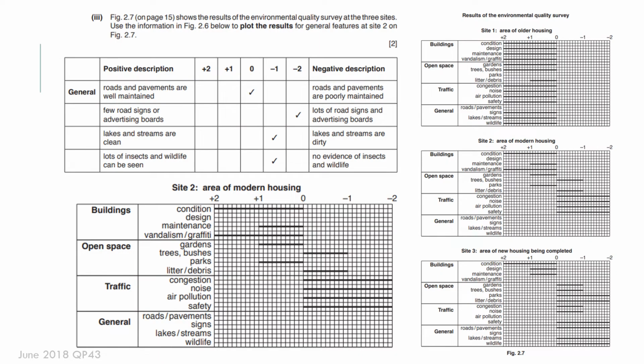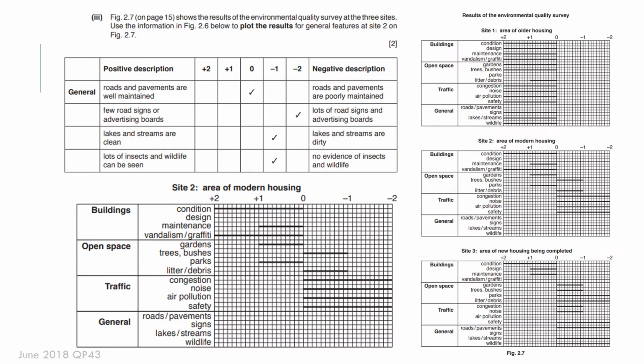So this is an example of a type of question that involves you doing some data presentation. Here on the right hand side, you've got figure 2.7, which shows the results of the environmental quality survey at the 3 sites. Using the information in figure 2.6 below, plot the results for general features at site 2 on figure 2.7. So I need to plot those ticks onto the graph. I'm drawing a bar graph, and essentially if it's -2, I would draw a bar line up to -2 starting from 0.